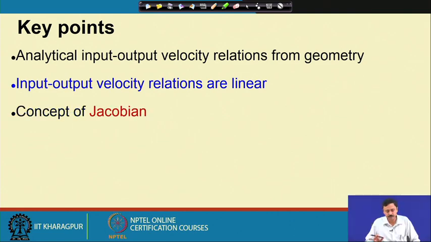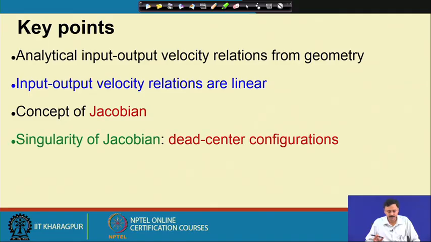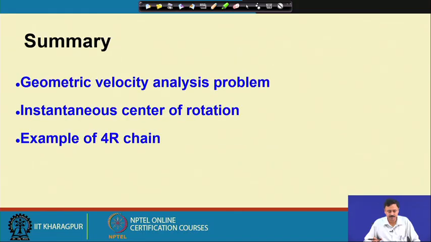We have introduced the concept of Jacobian, and the singularity of Jacobian, that means non-invertibility of Jacobian or the inverse of the Jacobian, corresponds to the dead center configurations or the singular configurations of the mechanism. So, to summarize, we have looked at the geometric velocity analysis problem based on the instantaneous center of rotation. We have derived the analytical relations between the input output velocity of a 4 bar chain. So, with that I will conclude this lecture.